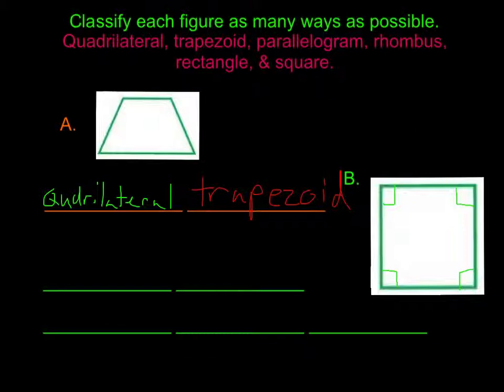So because they're square angles, we know that it has four right angles, and it has four sides that are equal in length, and it has two pairs of parallel sides. And because it has all of those, we know it's going to be a square. So I can write square here.